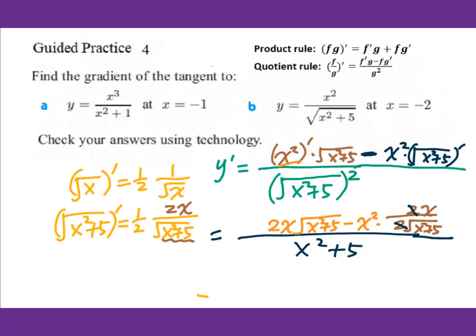Then we need to get rid of this square root x squared plus 5 to simplify this complex fraction. Therefore, we multiply by square root x squared plus 5 to the top and bottom of this fraction.